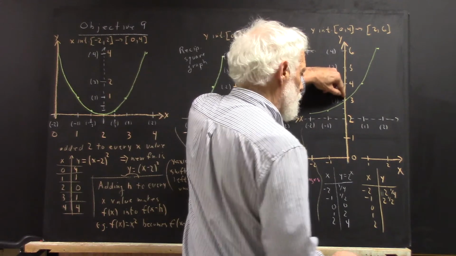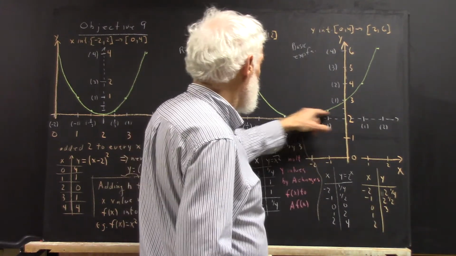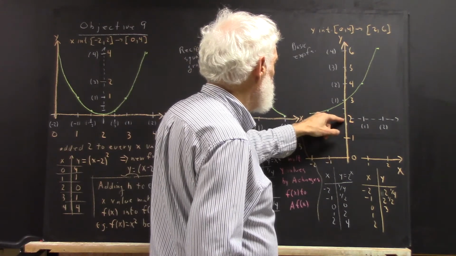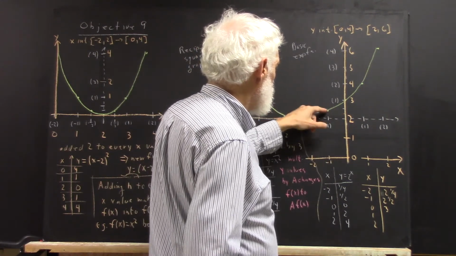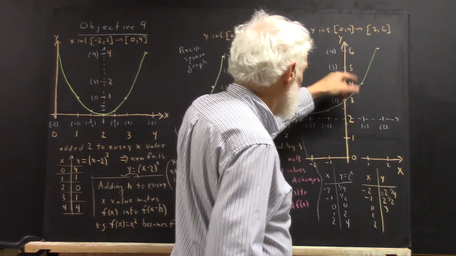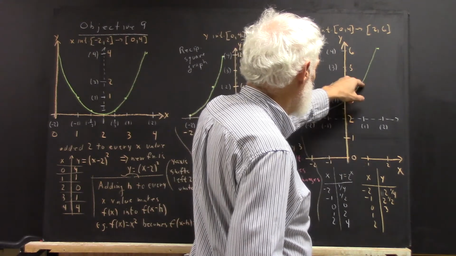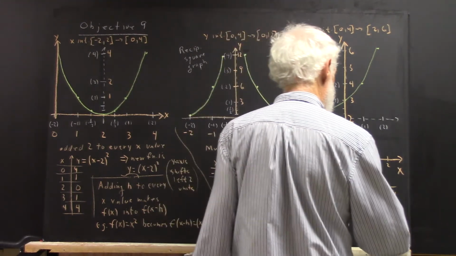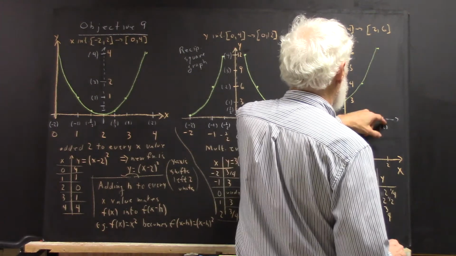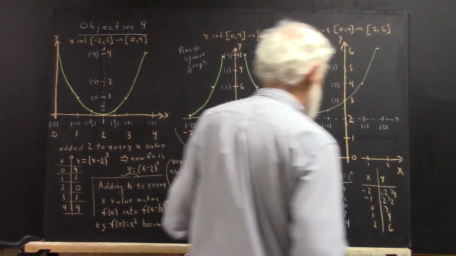Well, clearly the coordinate of this point is 3. Okay? So again, coordinate of this point is 2, and there's a quarter. Coordinate of this point is 2, and there's a half. Coordinate of this point is 3. The point corresponding to x equals 1 is 4. And the point corresponding to x equals 2 is 6.